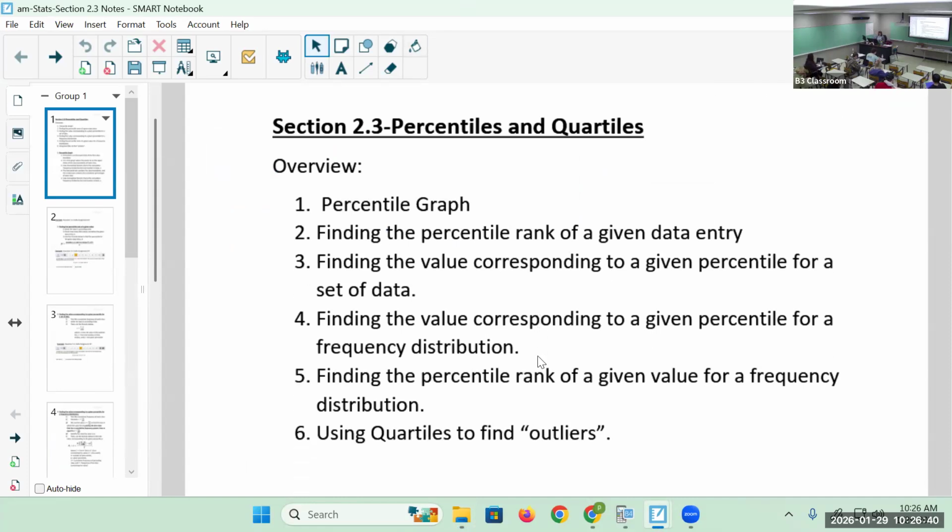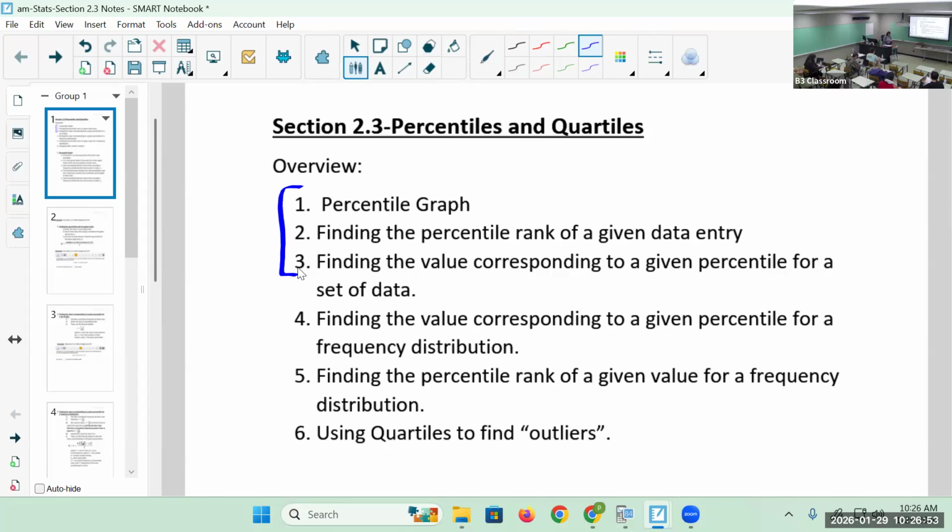So the percentile graph, I would say here, parts 1 through 3 kind of relate to the same type of graph, but different situations. And then parts 4 and 5 relate to a frequency distribution, but different aspects of it.